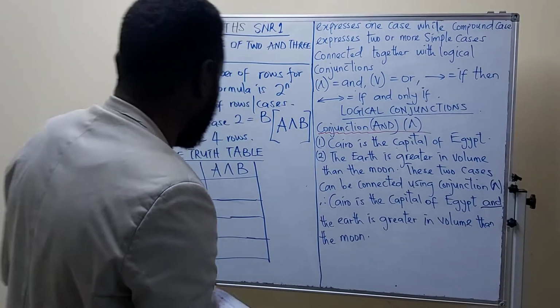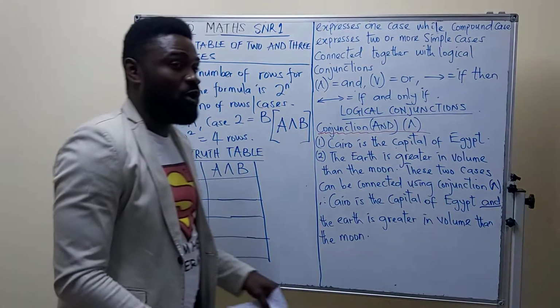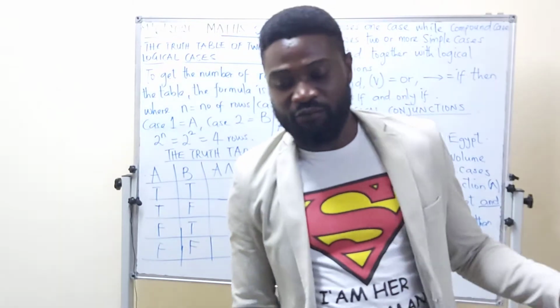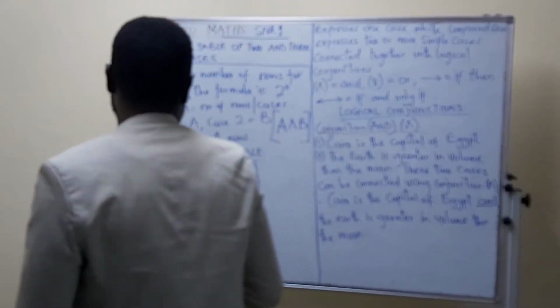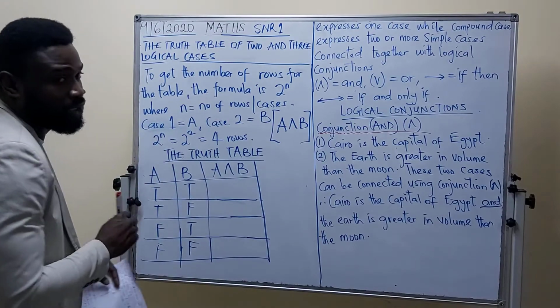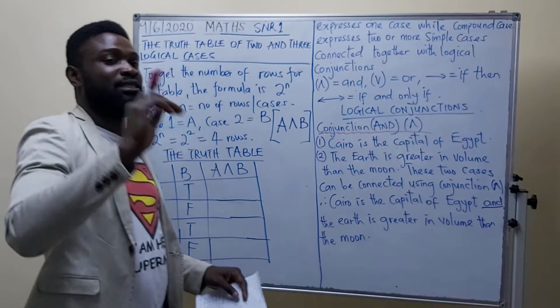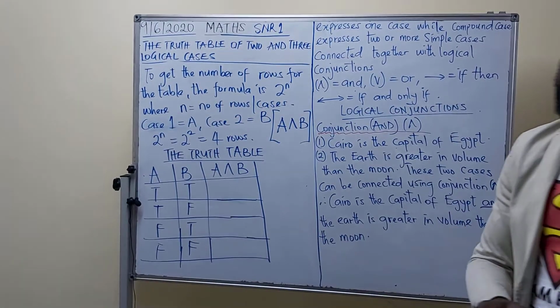Now, I want you to pay attention to this. It is very important for you to understand that we have different rules guiding different logical conjunctions. When we are dealing with "and", it is only true, pay attention, when the two cases are true and they are joined together by "and".